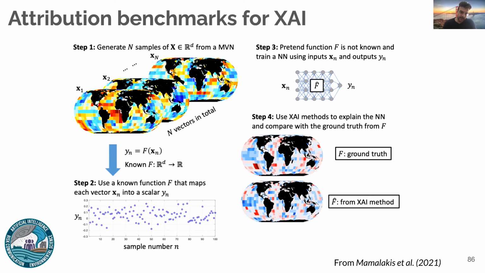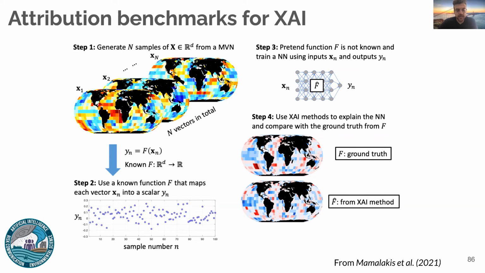Now, here I will be presenting the general idea of an attribution benchmark. This slide is inspired by a climate prediction setting, but the idea of benchmarks is general. The first step is to create a synthetic input. This could be random numbers. In this case, these are random fields of numbers coming from a multivariate normal distribution.